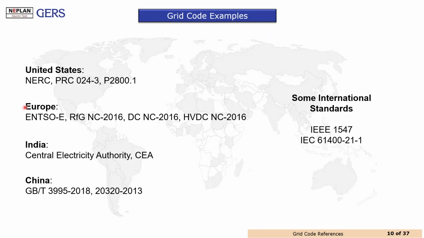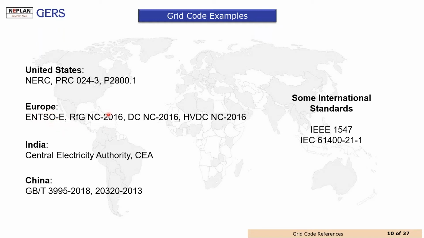On the European side, we also have another specification. For example, the European Network of Transmission System Operators, which specifies some regional codes.